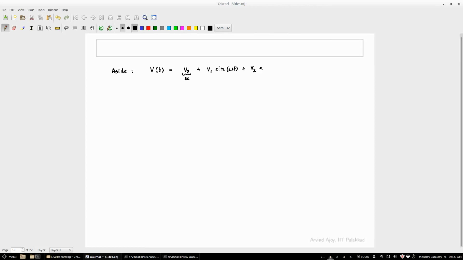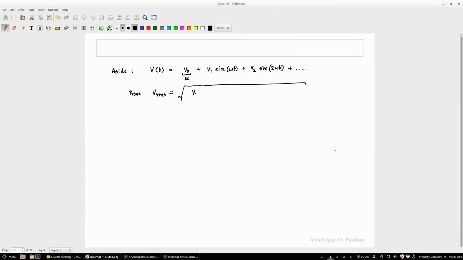Let me say that I have a V of t, which is some V naught, a DC quantity, plus V1 sin omega t plus V2 sin 2 omega t plus so forth.